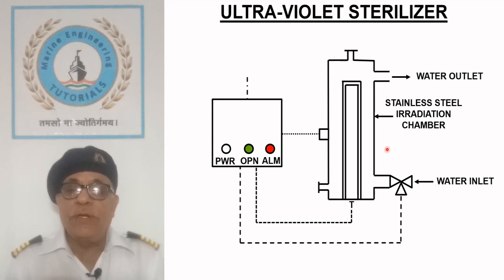The unit is fitted on the discharge side of freshwater hydrophore in a stainless steel irradiation chamber, so that the water is sterilized immediately before use and any contamination of microorganisms during the storage has been eliminated.